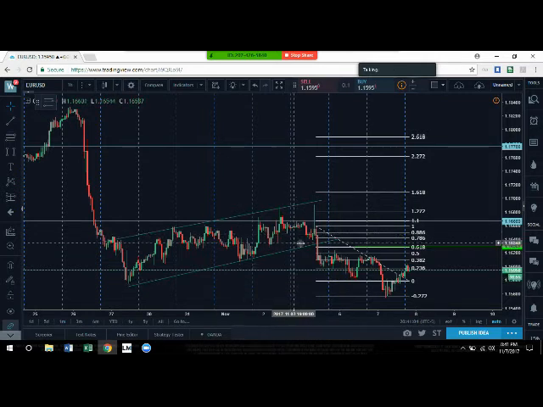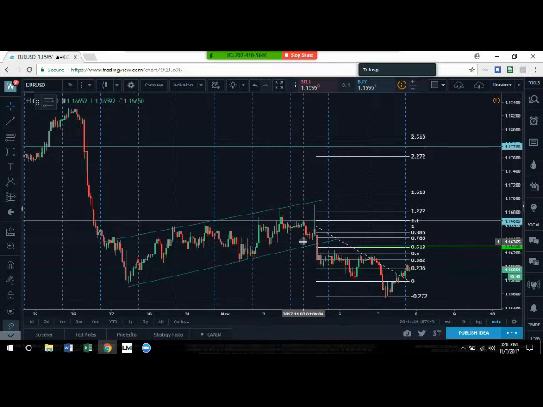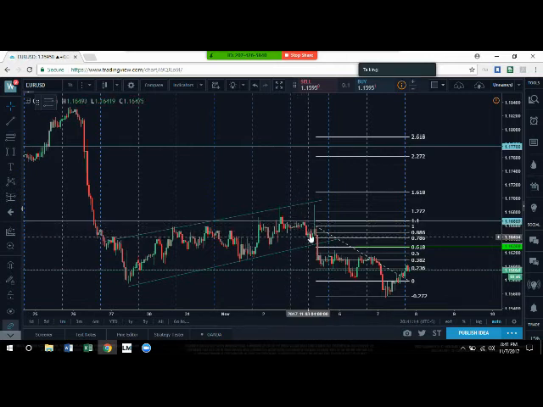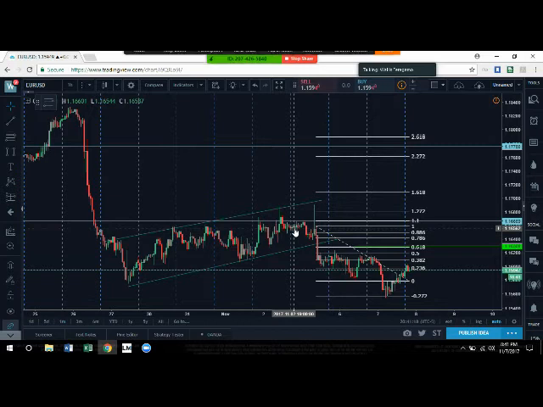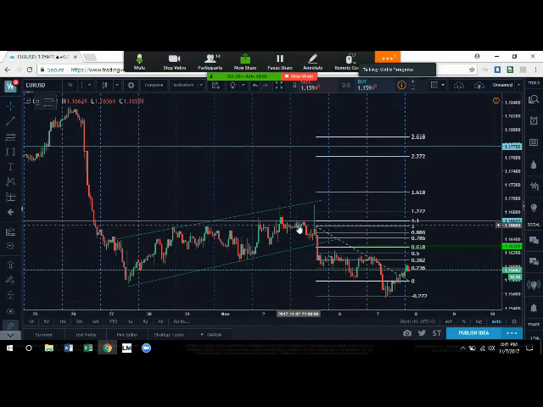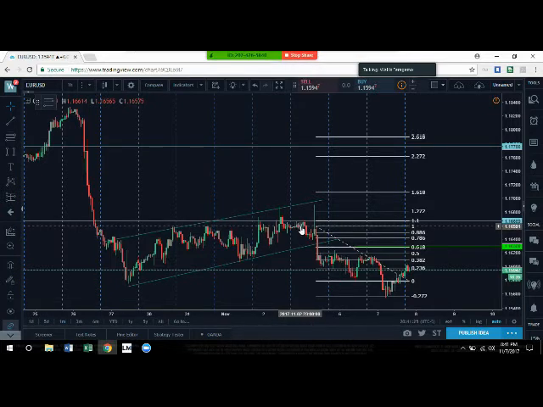But let's see. Looking at this chart right here, you've got 5 p.m. Eastern Standard Time, 6, 7, 8, 9, 10, 11. All right. So this candle right here, I'm on the chart looking. Here's 12, 1, 2.